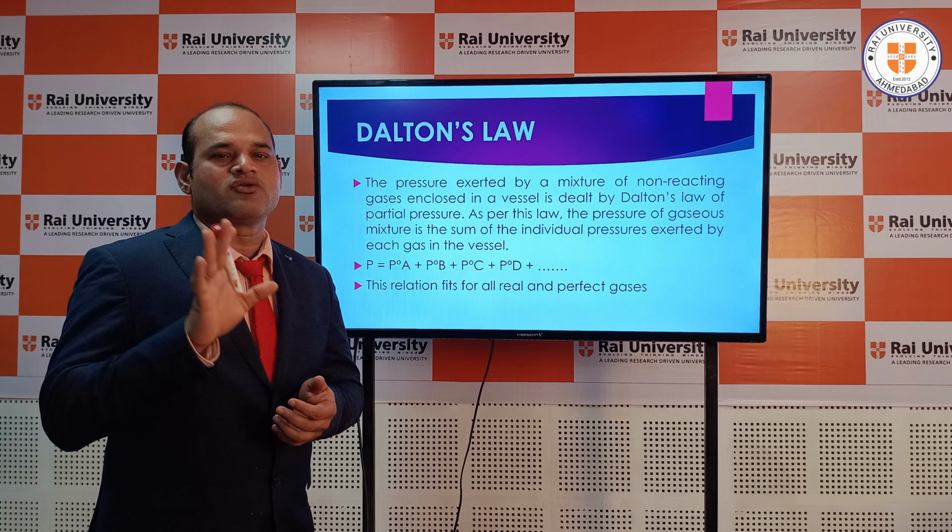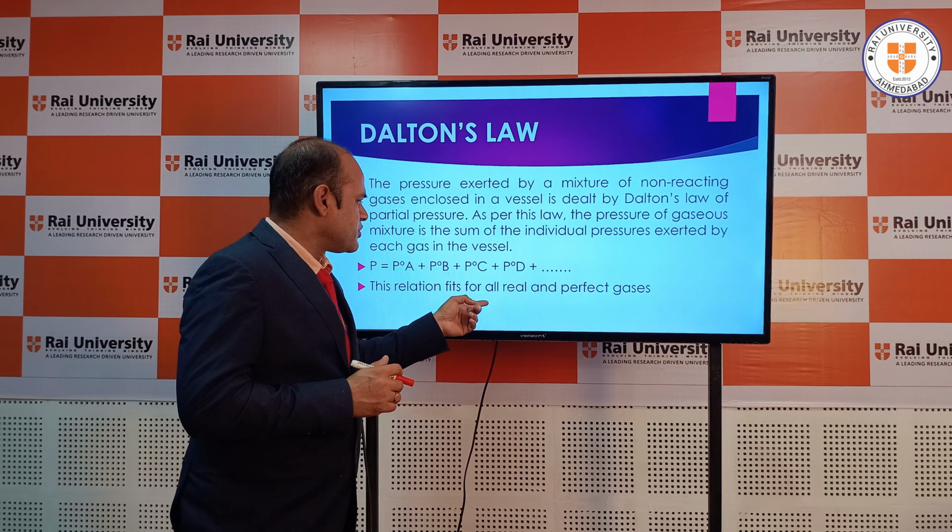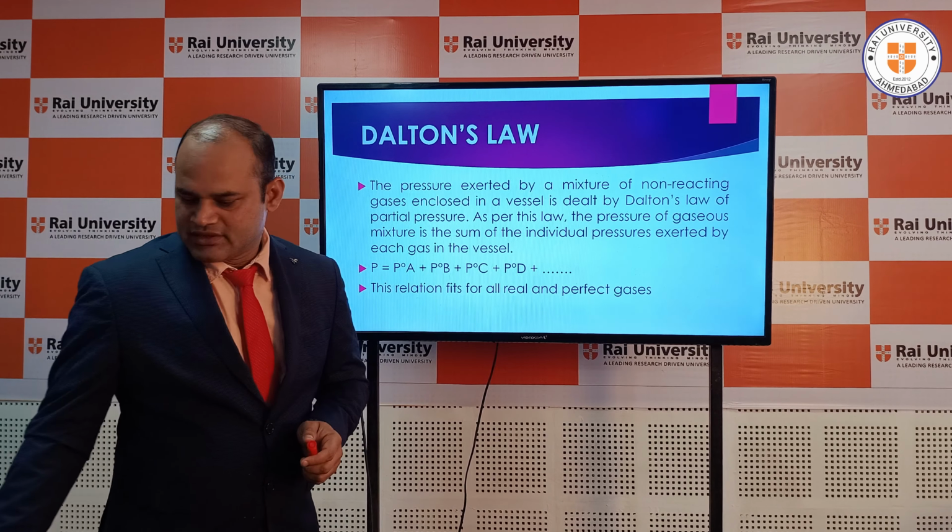Mathematically, P is equal to the partial pressure of gas A plus the partial pressure of gas B plus the partial pressure of gas C, and so on for however many gases are in that container. This relation fits for all real and perfect gases.